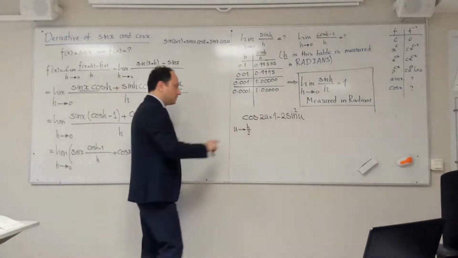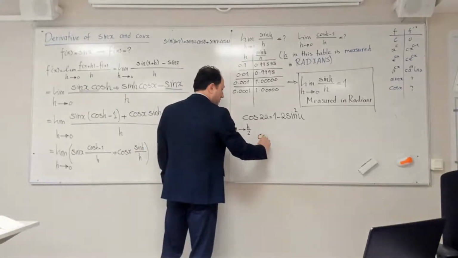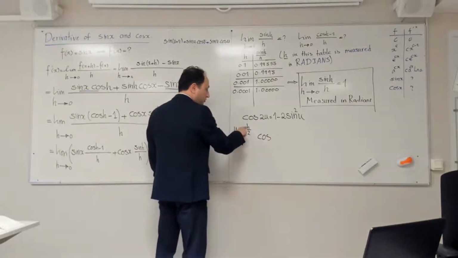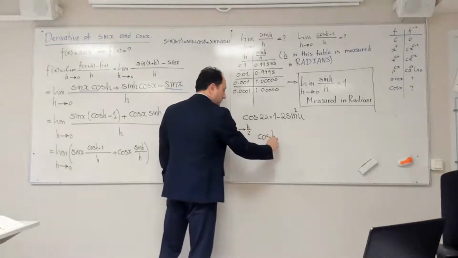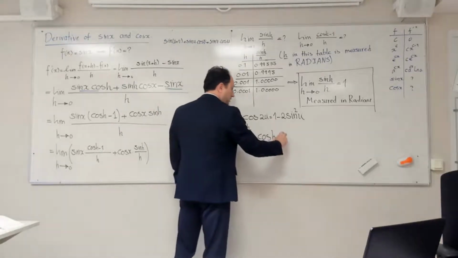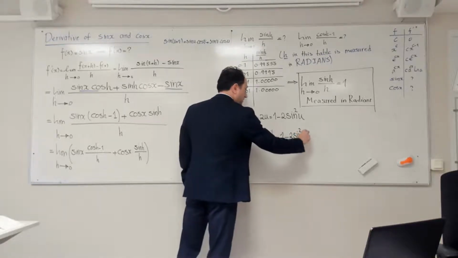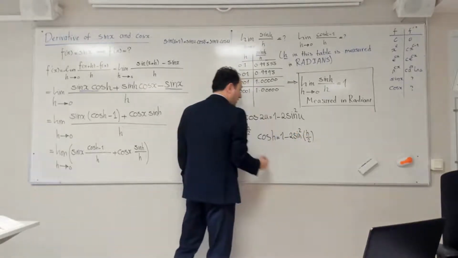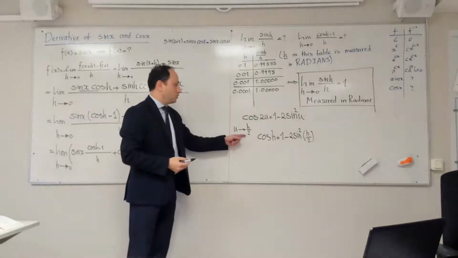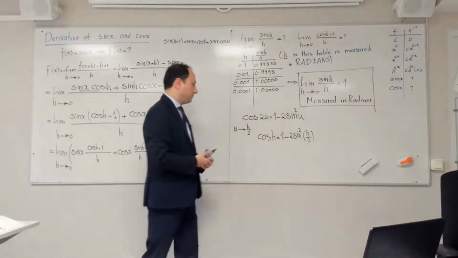So then let us see what happens. This becomes cosine, 2 times u is h, is equal to 1 minus 2 sine to the power of 2 of h over 2. I am replacing u with h over 2 in this known formula.